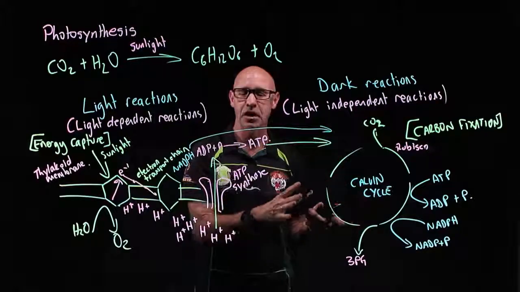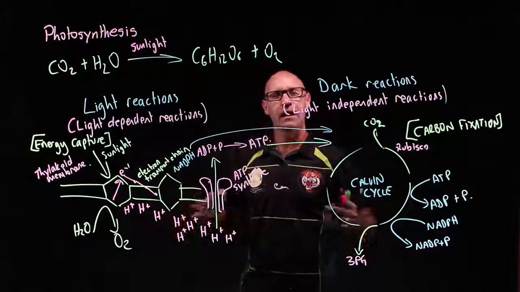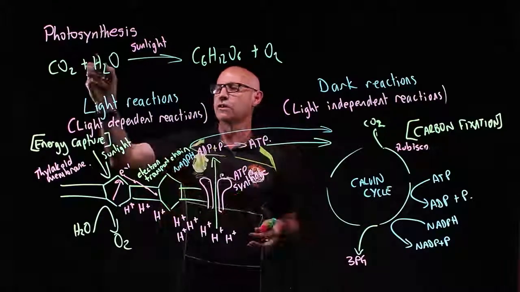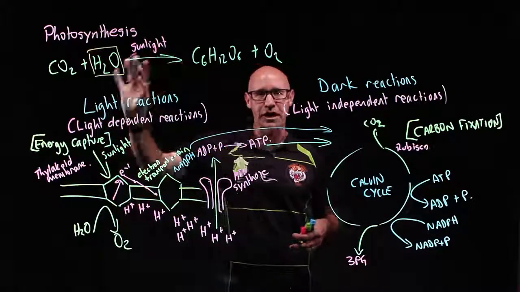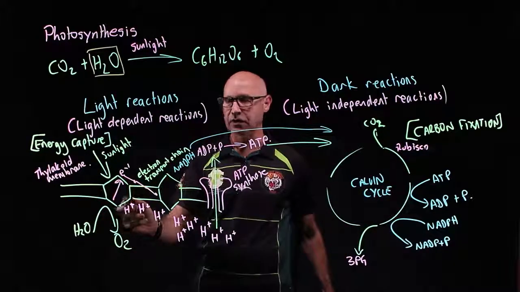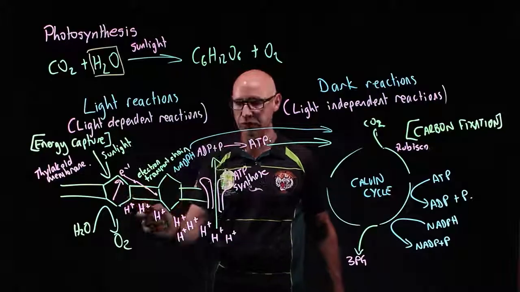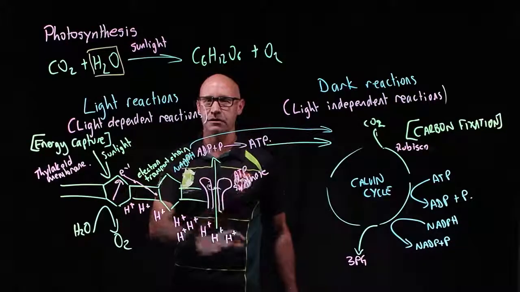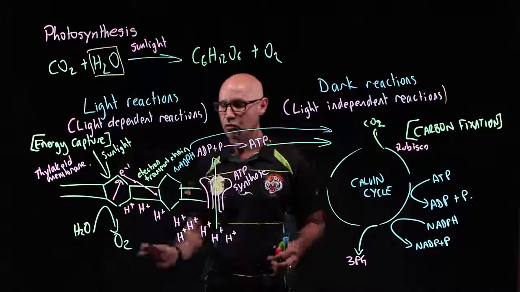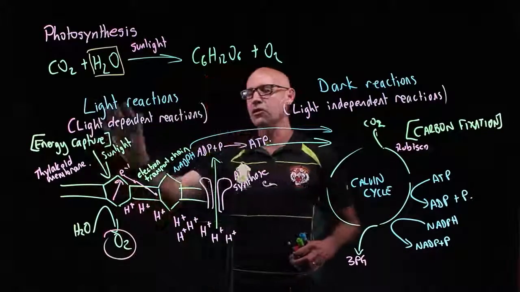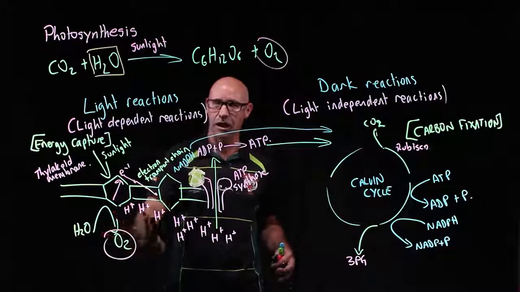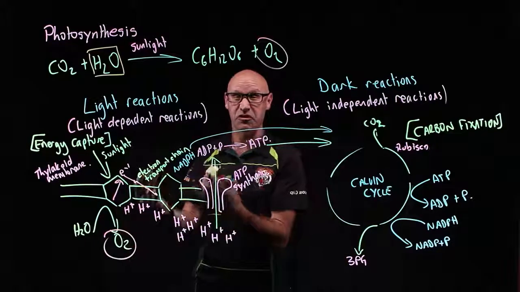Just by way of a final summary, our H2O is a reactant because it's required to donate these electrons and the protons required for the light dependent reaction, and this is where we get our oxygen, the product, from the light reactions. That's where we get our oxygen from: splitting the water.